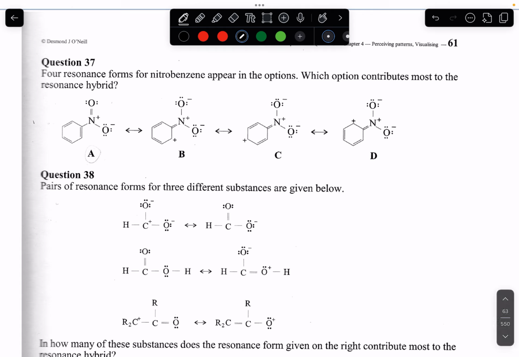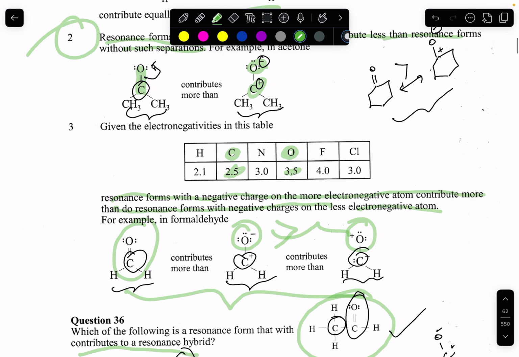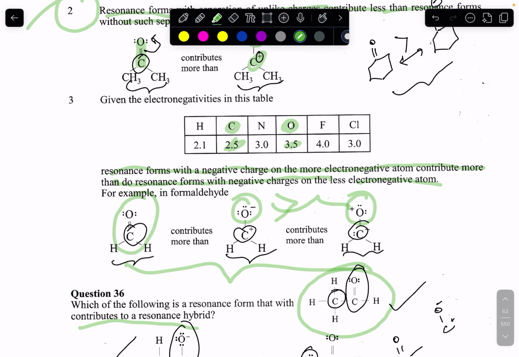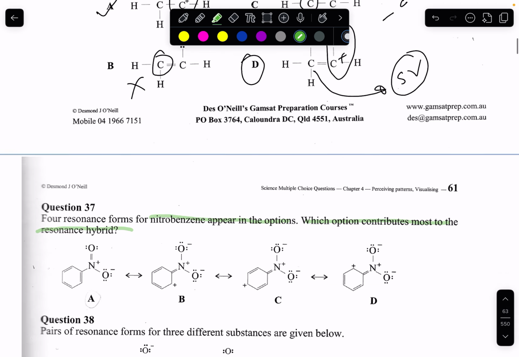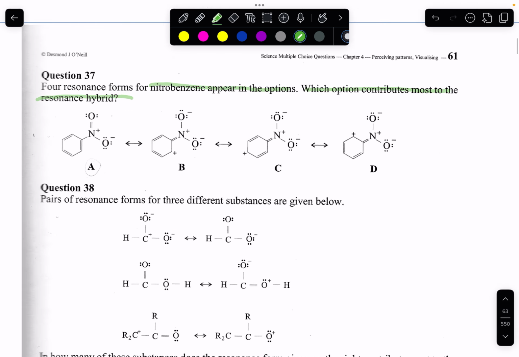Now question 37. Four resonance forms for nitrobenzene appear in the options. Which option contributes most to the hybrid? If you look at the stem, point number 3, you can see the form without charge is the most stable. So which one is without charge in all the 4?